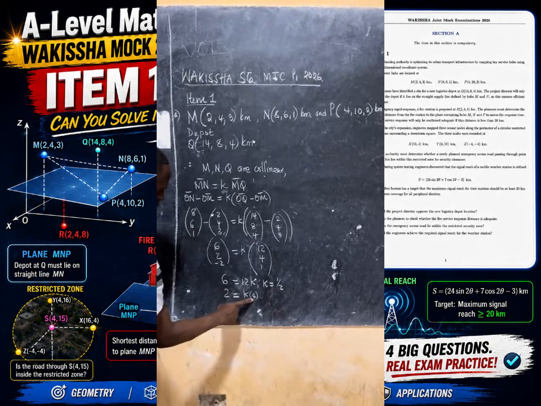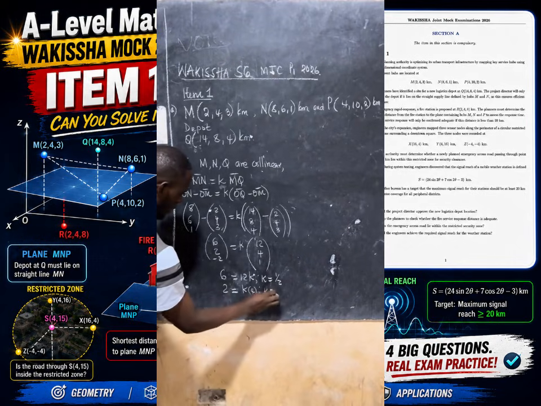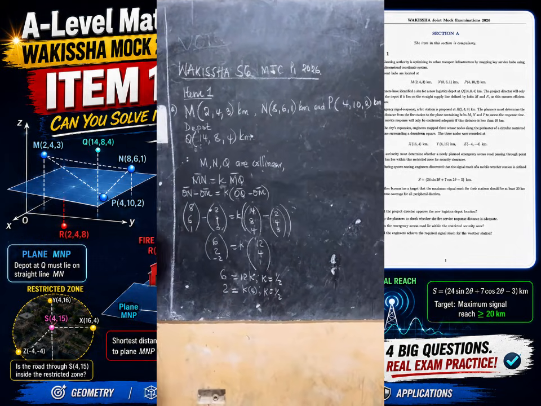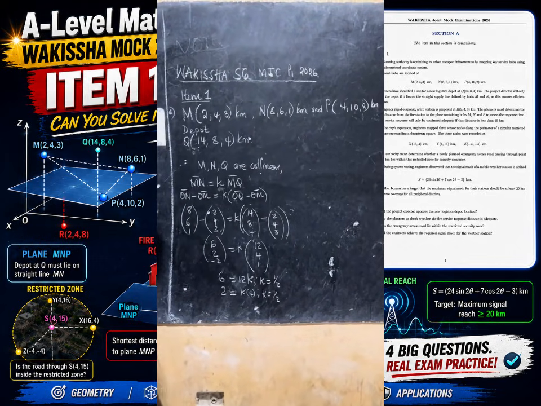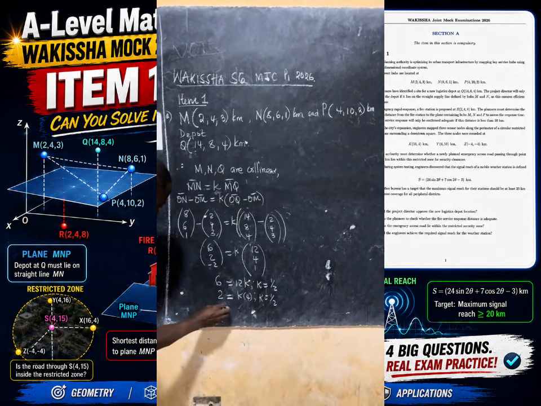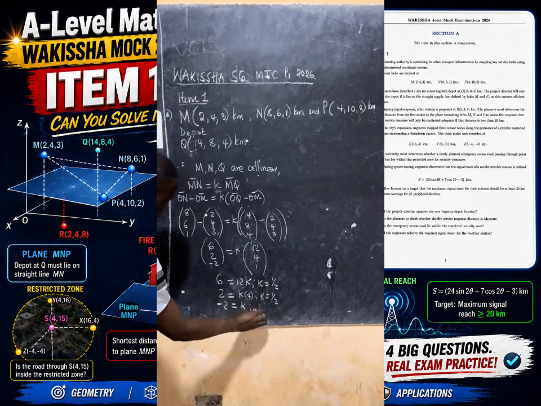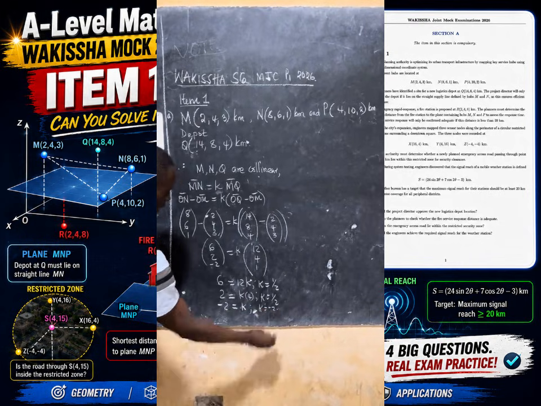Dividing by 4 on both sides, k is also equal to a half. I'm seeing the constant is the same. Let us not jubilate and stop there. Let us proceed to the last one, which is negative 2 equal to just k, implying that k is equal to negative 2.